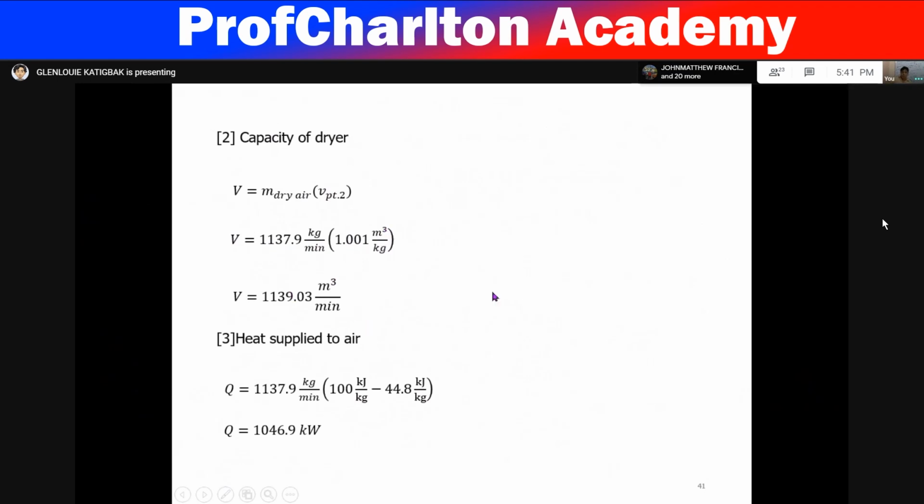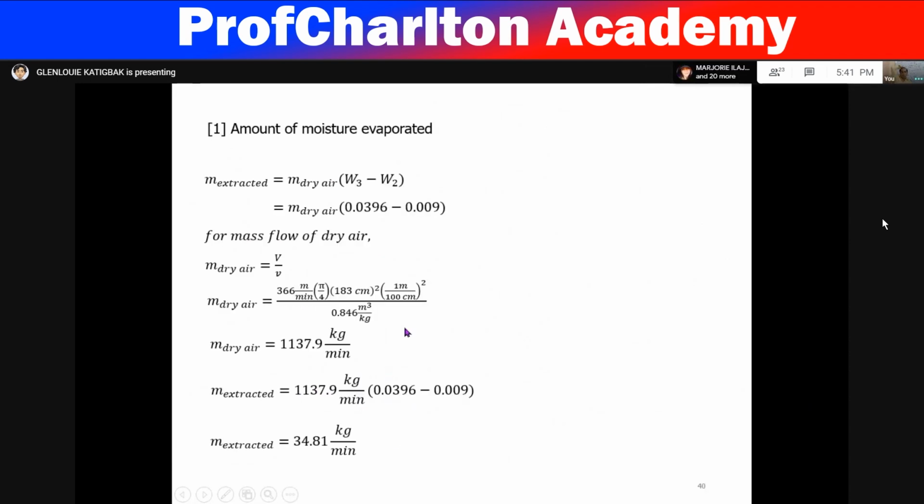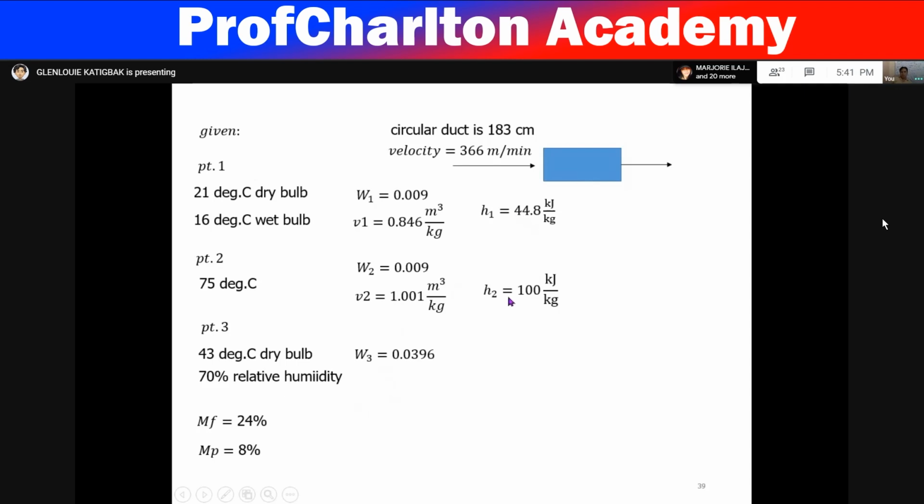Then we get the volume, or the capacity of the dryer. That's the volume flow rate. Then the heat supplied is just Q equals mass of air multiplied by H2 minus H1. H2 minus H1, how much did you get?